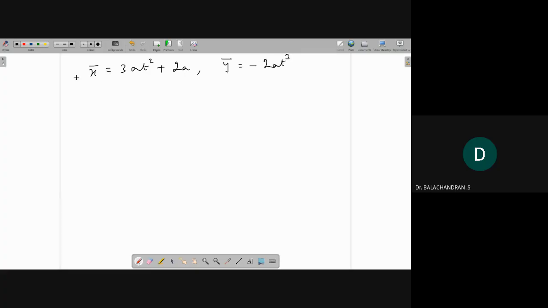So up to this, we know how to proceed. We got the center of curvature. The last step is we need to eliminate the parameter t. Anybody should tell the idea only. The remaining calculation part I will simplify and do. If you know how to do it, you can explain slowly.